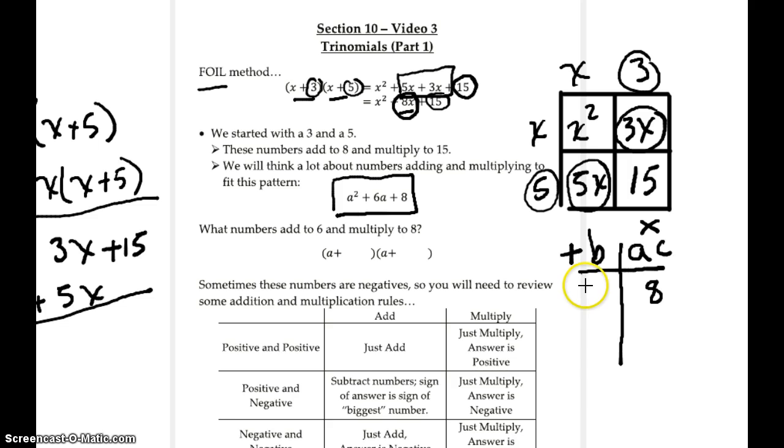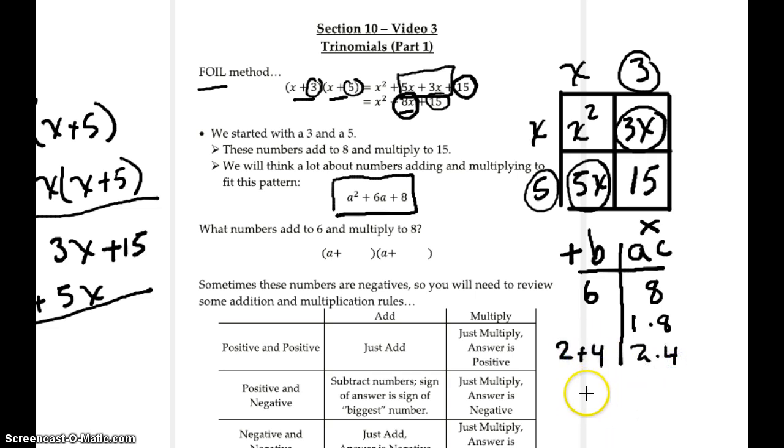We're just not sure what that is. And so what we're trying to do is find a factor that multiplies to 8 and adds to 6. So we'll start with 1 times 8, doesn't add to 6. 2 times 4, 2 plus 4.